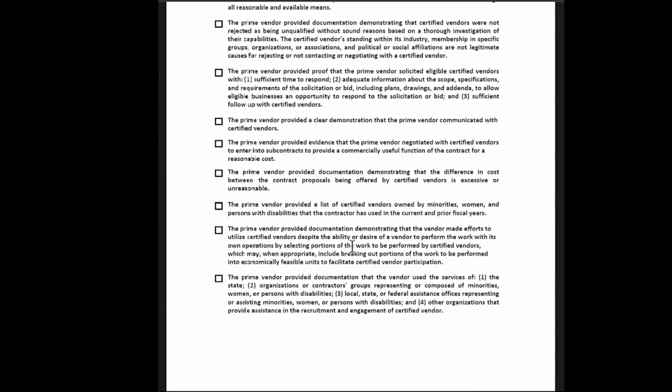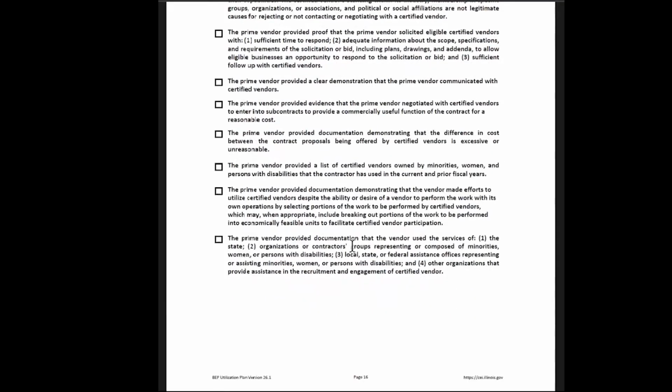Breaking out work where feasible, and use of state and community assistance resources. All items required for waiver evaluation appear in the official checklist. A waiver is not an explanation, it is evidence of effort.